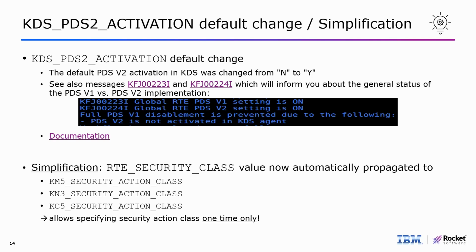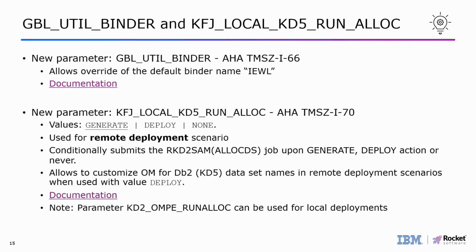So effectively with this PTF, you can just specify the RTE security class once, and the respective z/OS network and KIC agents will inherit that setting automatically. Okay, so let's move on.